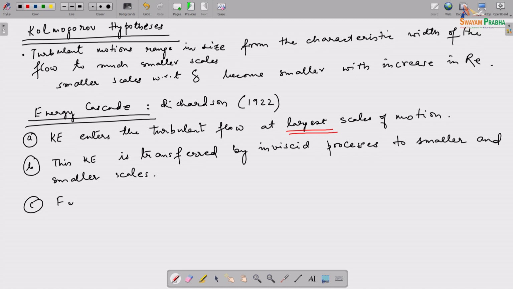Finally, the energy is dissipated by viscous action. Okay.